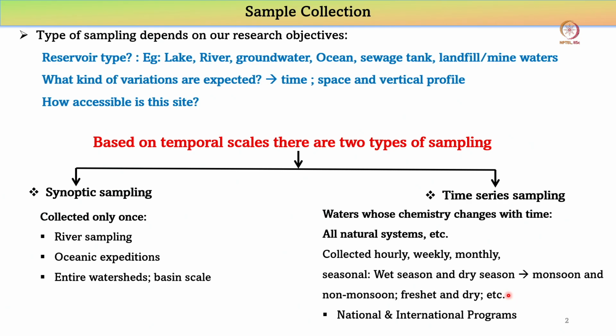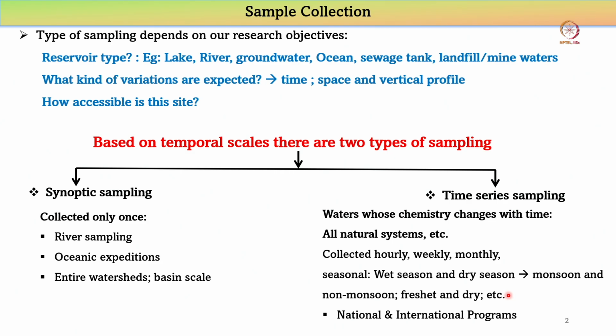Okay, and generally such sampling requires a lot of manpower, a lot of logistics. It is generally funded through national programs or international programs, where you have good support to continue to be able to do that for a long period of time. Now, among both of them, there is no recommendation as such. It is thought of as what is the need.